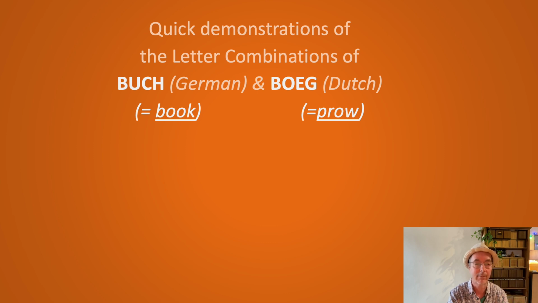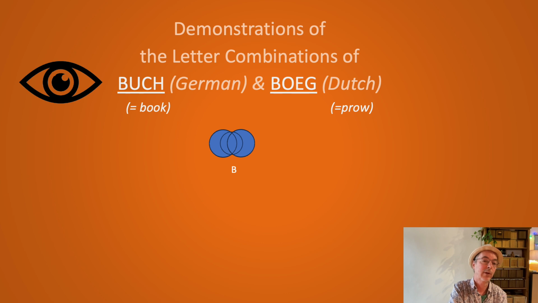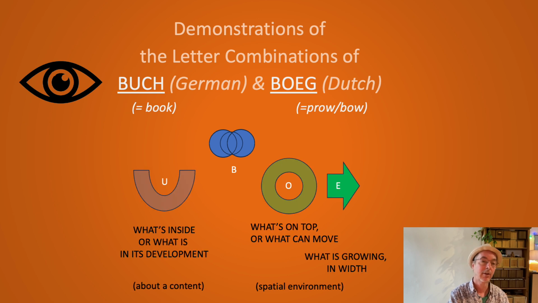I will explain. Of course, we know already the B is this going, this is that. Not too much explanation anymore. You are tired of it already. So I get you used to the forms. So the U, of course, will show you that it's more about something which is inside in its form.